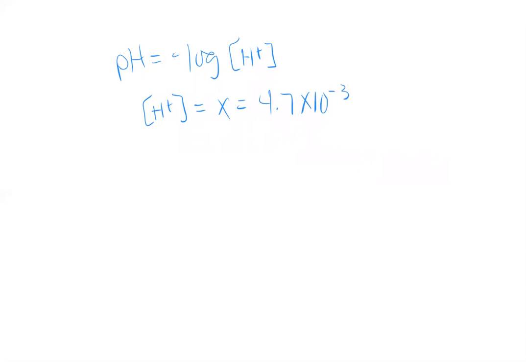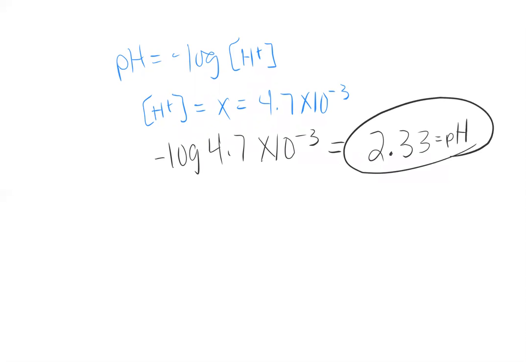Okay. So now if we take the negative log of 4.7 times 10 to the negative 3, we are going to get a pH of 2.33. 2.33 equals pH, just so we're clear. Okay, let's look at a second example.